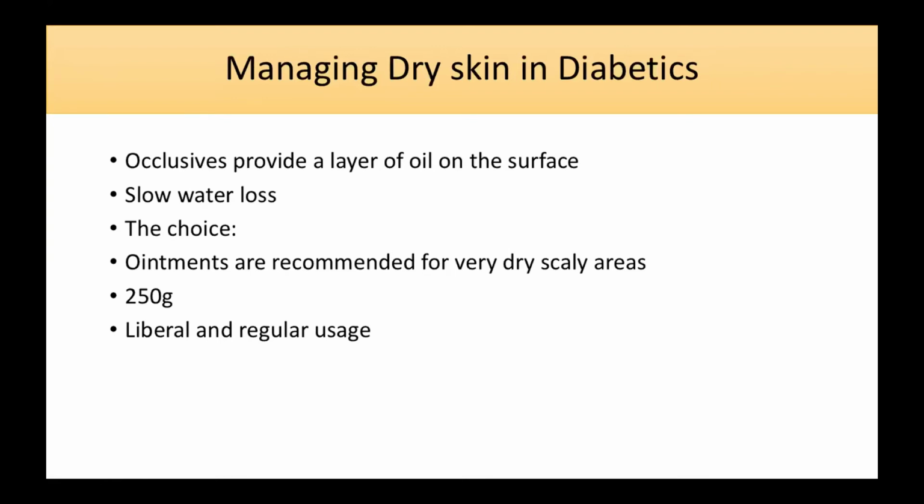So you have to use something occlusive, a bit oily, to prevent the water loss. You can choose an ointment, recommended for very dry, scaly areas, and the amount can be up to 250 grams, which is quite a big amount. And you have to use it liberally and regularly.